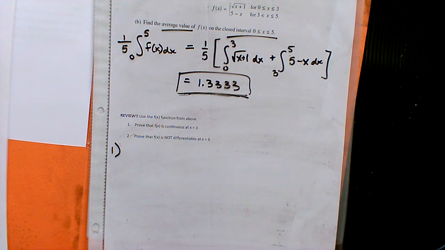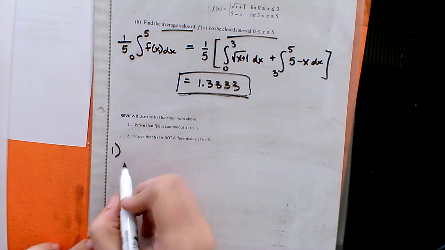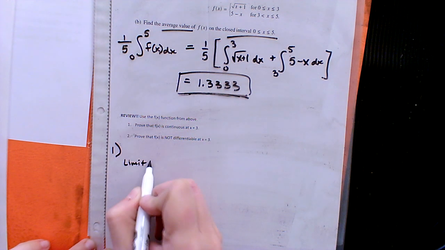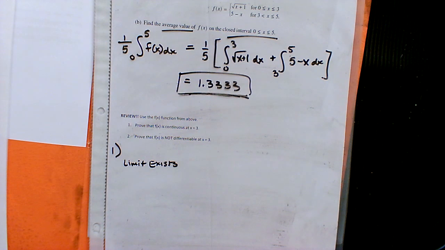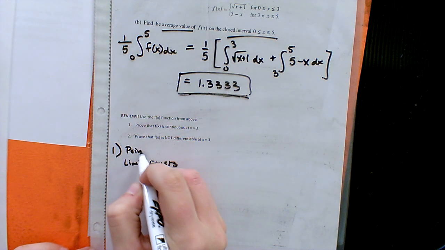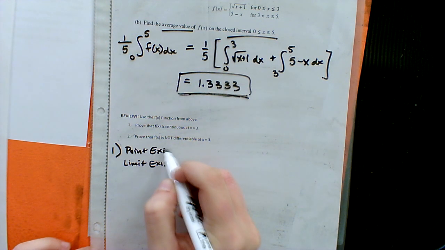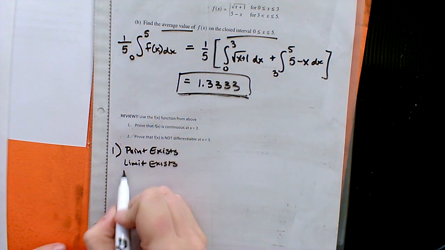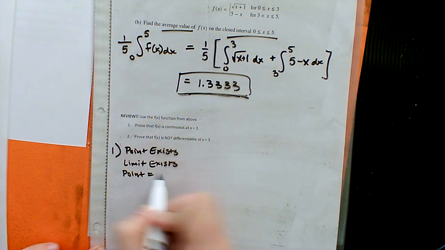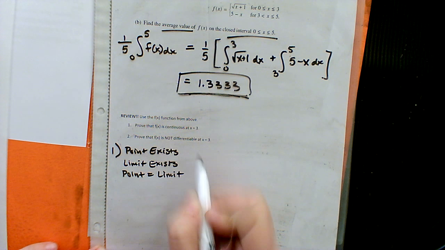Go ahead, Griffin. The limits on each side of 3 have to meet up. Okay, so the limit exists. We have to check that. The point exists. We have to check that. And what Christian said, they have to be the same. So point equals limit.